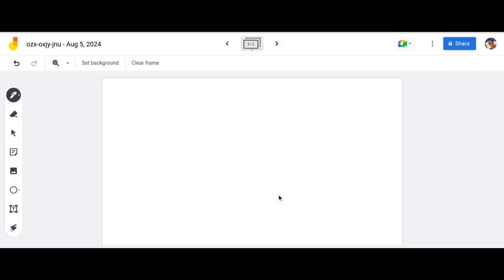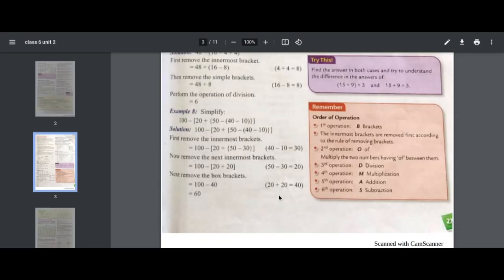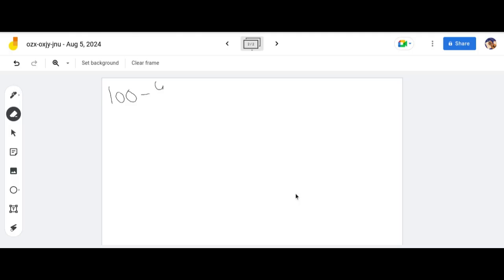So the question is 100 minus, can you help me to write the question? 100 minus the last bracket in order. I meant it is the bracket. 100 minus which bracket?